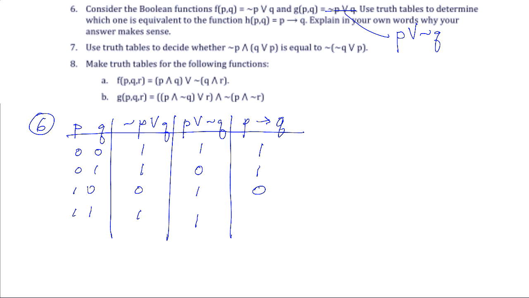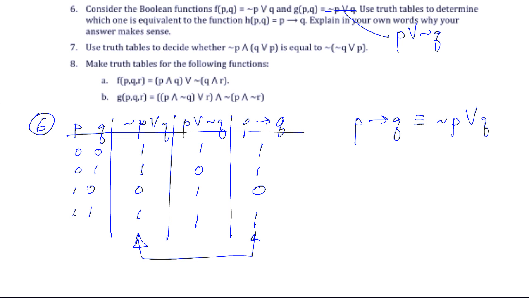And finally, if both the premise and the conclusion are true, then the if-then statement told the truth. Therefore, if P then Q is equivalent to not P or Q, logically equivalent. And that sort of makes sense.